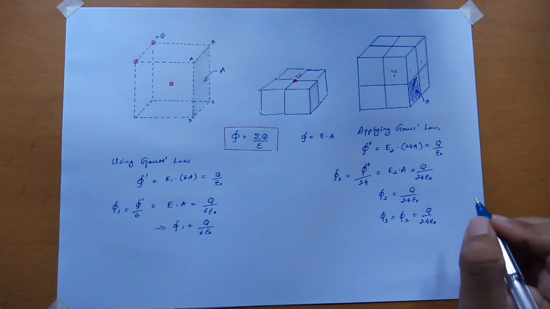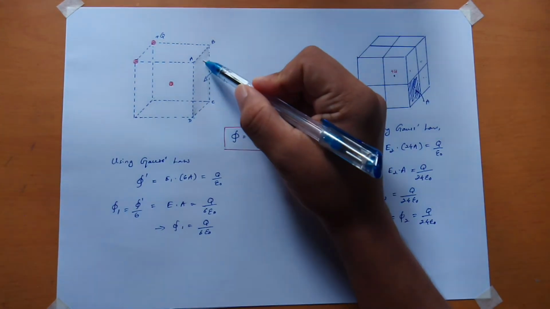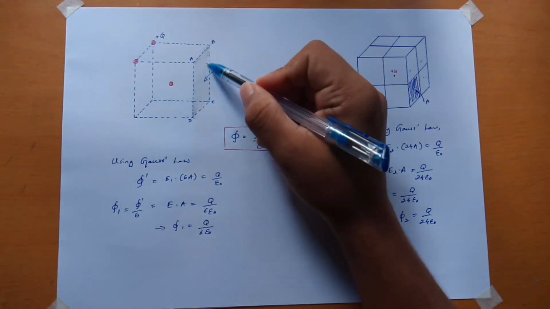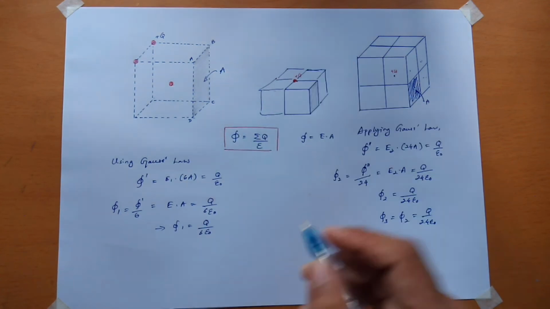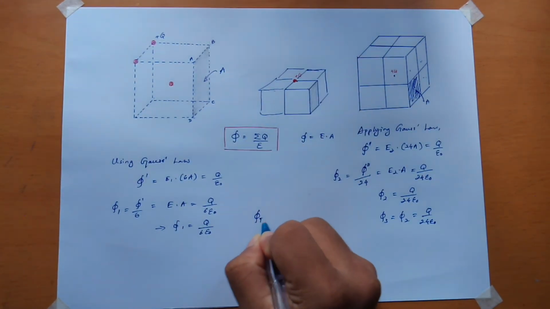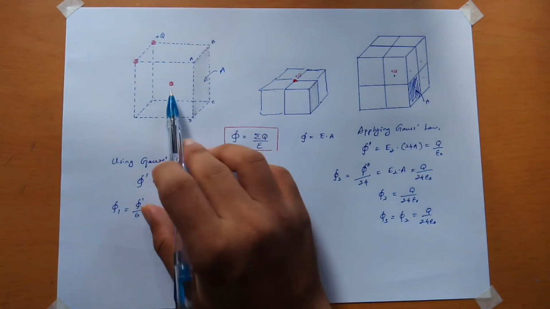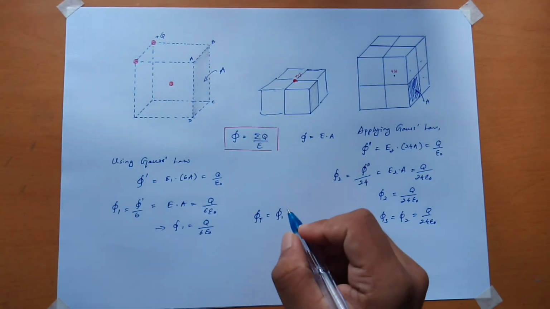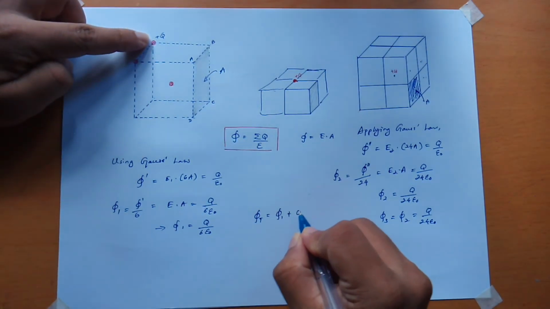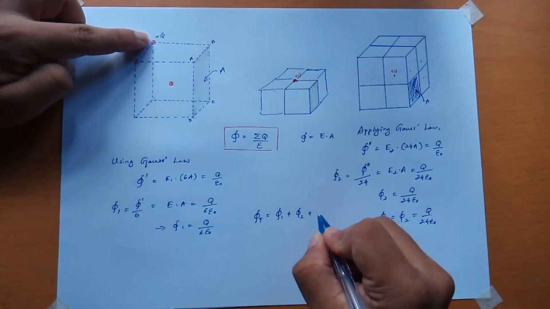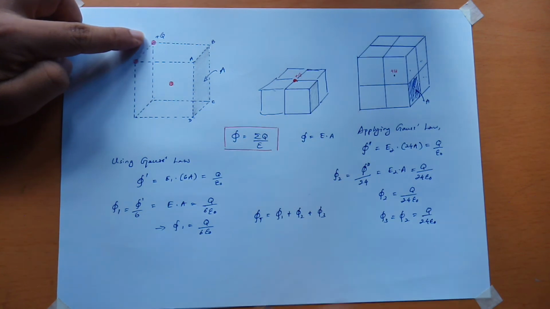Now what I want is the net flux passing through this area. So let me take the total as psi t. So psi t equals psi 1, the flux through this surface due to this charge, plus due to this charge, which is psi 2, plus psi 3.